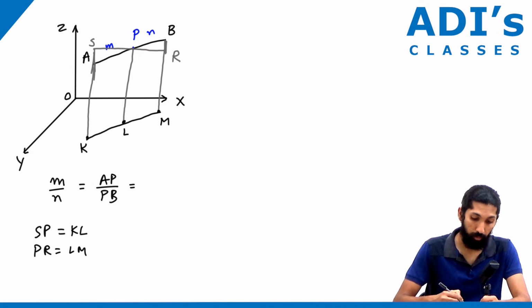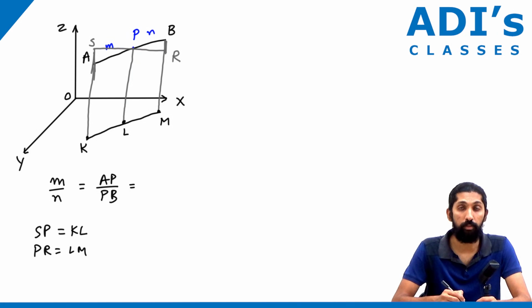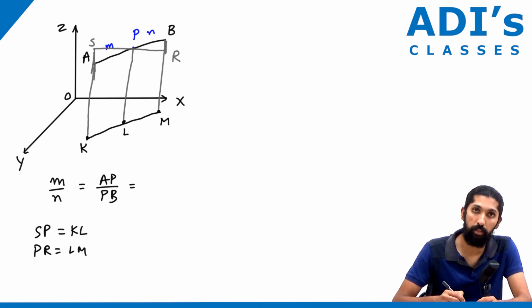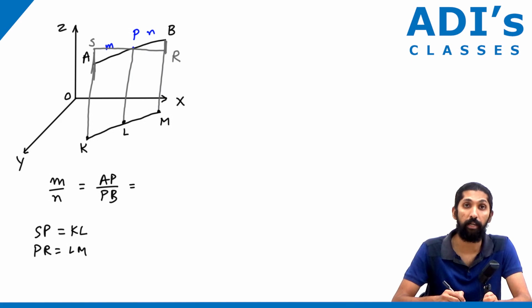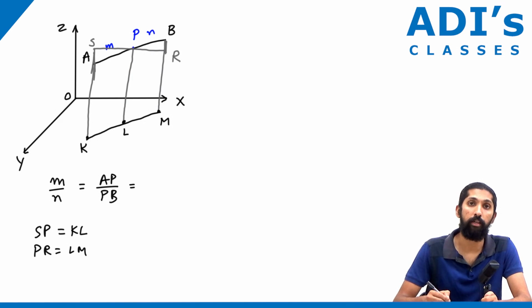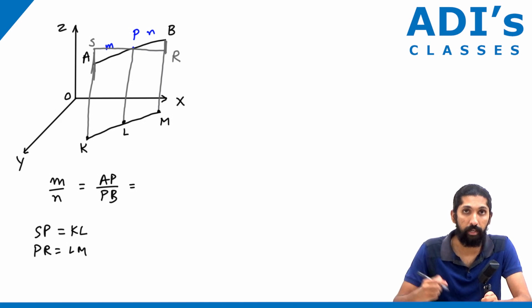Now if you're talking about m is to n, we can also take the triangles ASP and BPR because these two are in the same plane. Since we can take these two triangles, we can prove that they are similar to each other, by AA similarity. Since they are similar, we can use the side ratio.